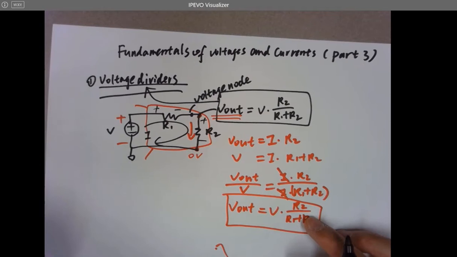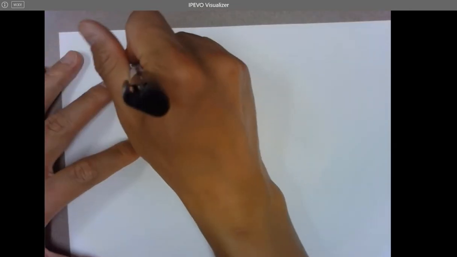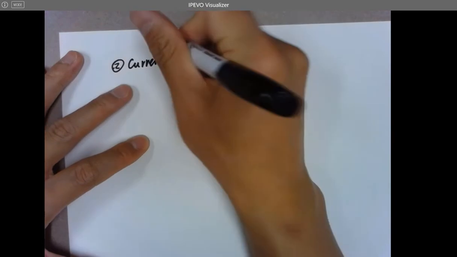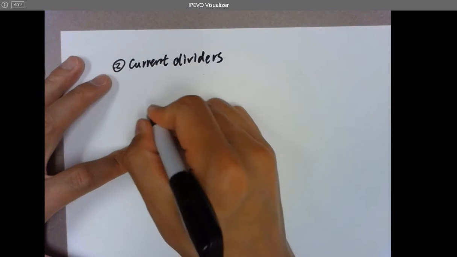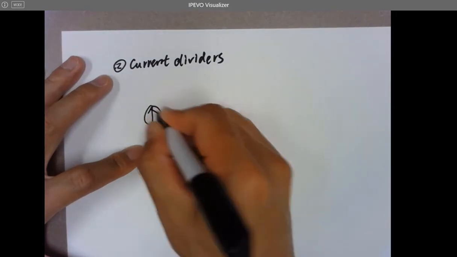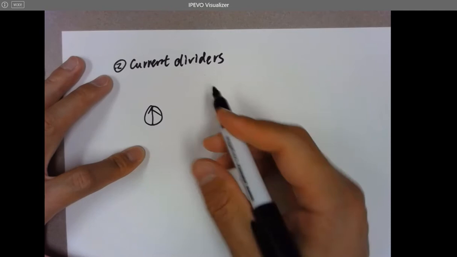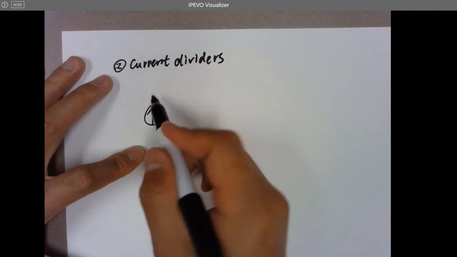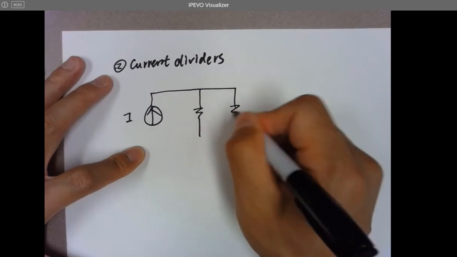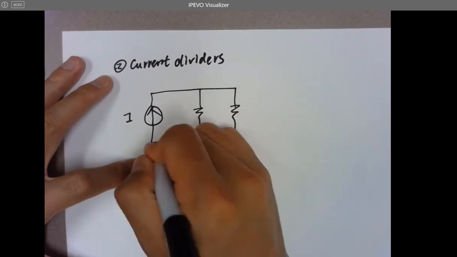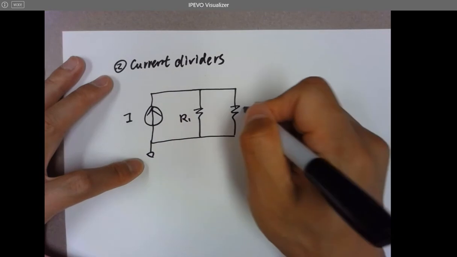After that, let's take a look at current dividers and how that works. So there is a current source. If I draw a circle and draw an arrow in the middle, that means it's injecting a specific current into the circuit. I have two resistors in parallel, R1 and R2.